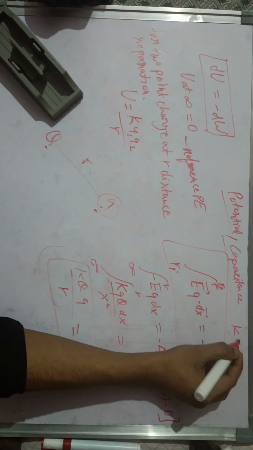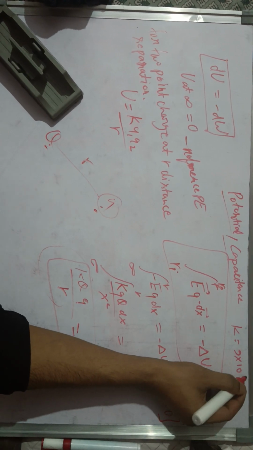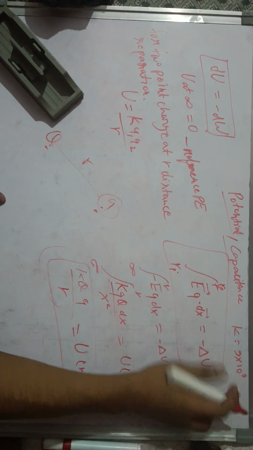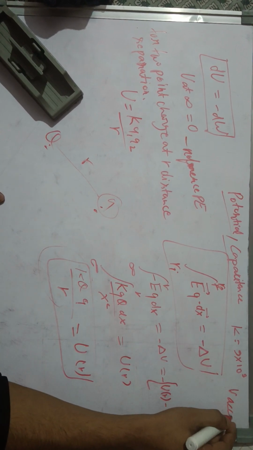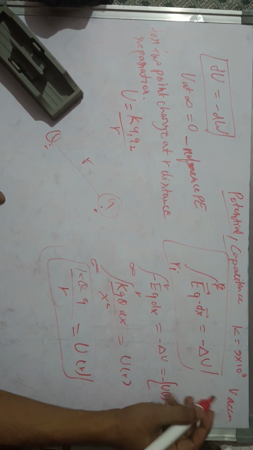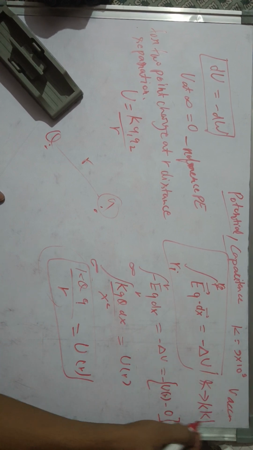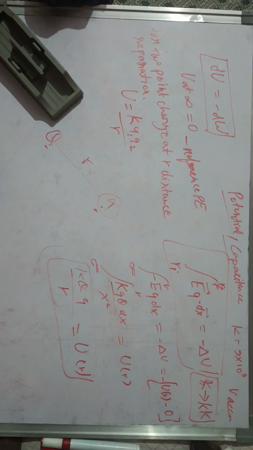Here k is equal to 9 times 10 to the power 9, when vacuum is used. But if a medium is given, then k will be replaced by the dielectric constant times this k value, so we will replace this by this.